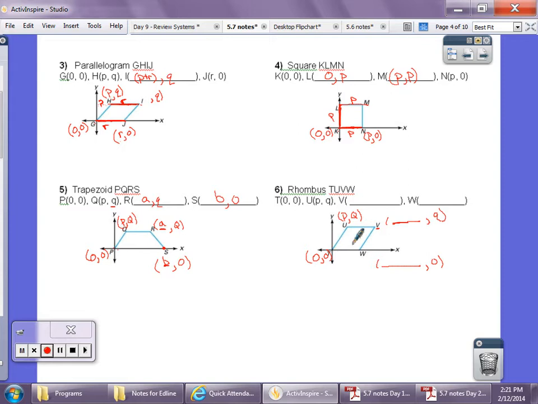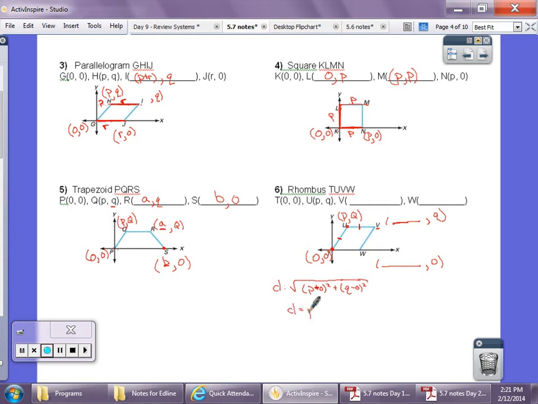Well, what we know here is that this distance from here to here is the same as this distance from here to here. So if we find the distance from T to U, we have P minus 0 squared plus Q minus 0 squared.